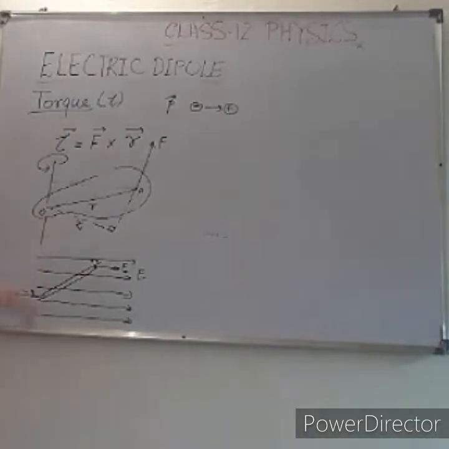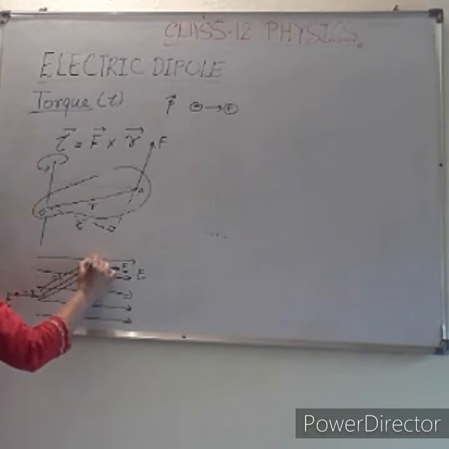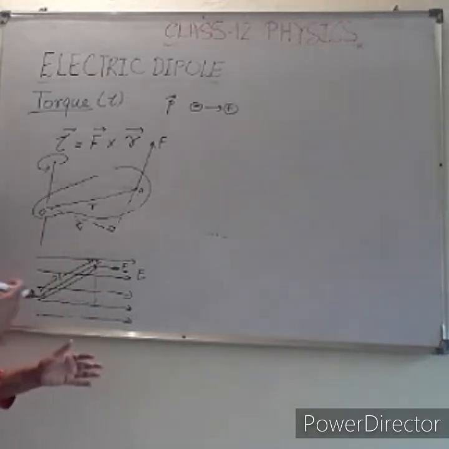So that is what will happen if we place this dipole at some angle to the electric field. It will rotate. So what we have to do is draw a perpendicular line. You know the dipole length is 2L. We have taken 2L so that we can divide it into L and L in our further topics.